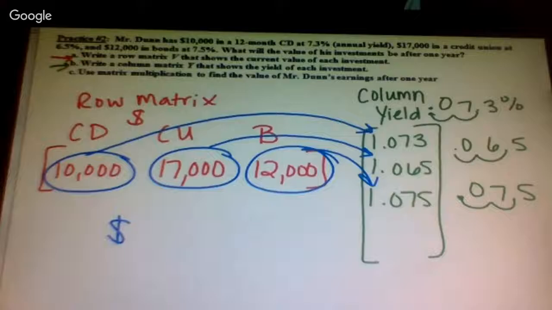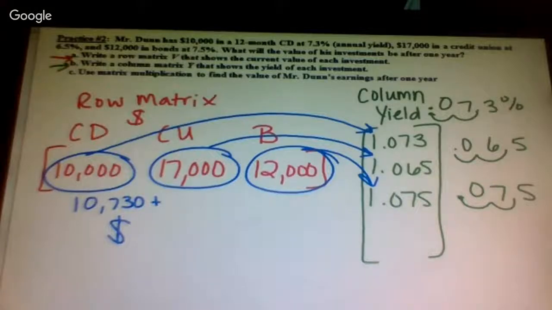I mean, they didn't gain that much. Double check it. You get 10,730 for the first one.